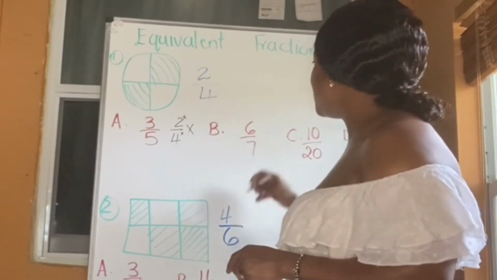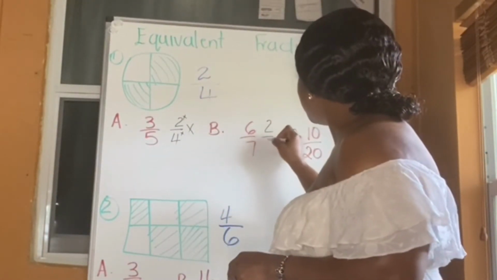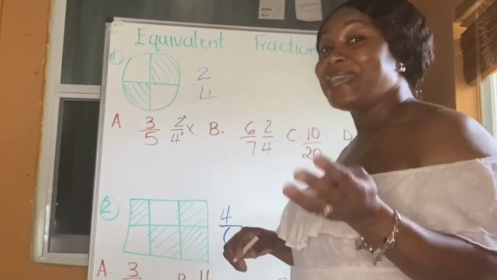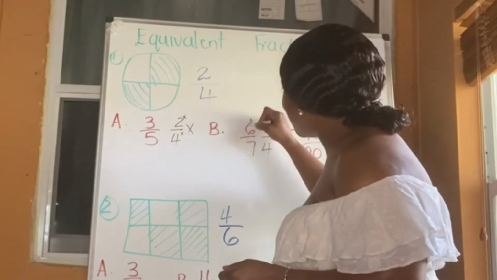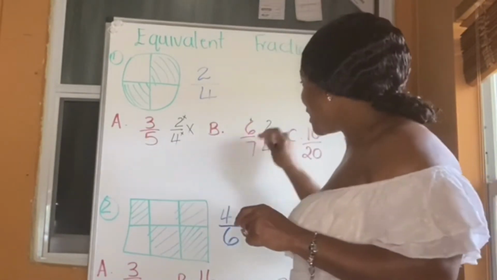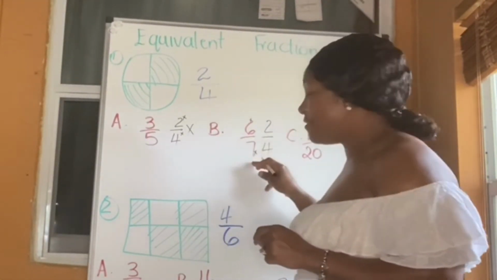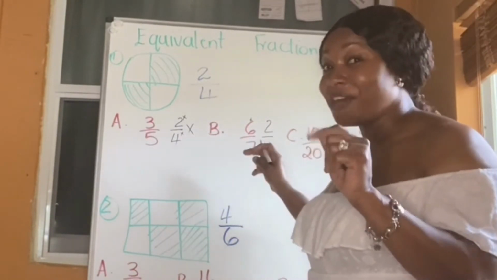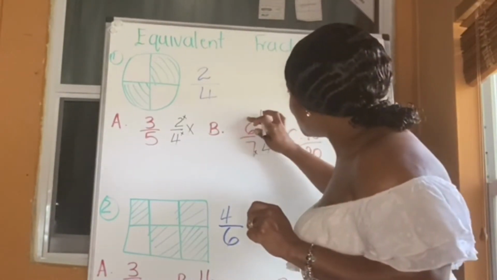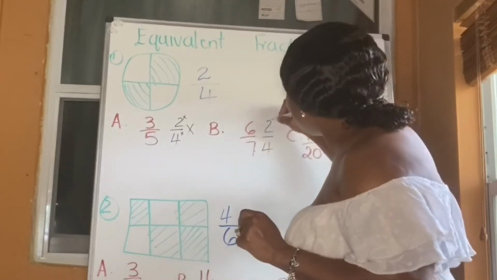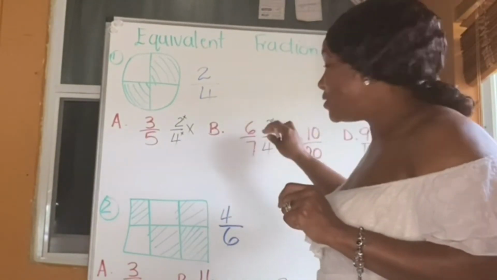Let's try B. So again, I'm writing my 2/4. Again, I'm going to ask, what can I multiply by 6 to get 2? Nothing. What can I multiply by 7 to get 4? Nothing. So I'm going to switch it around. Now what can I multiply by 2 to get 6?